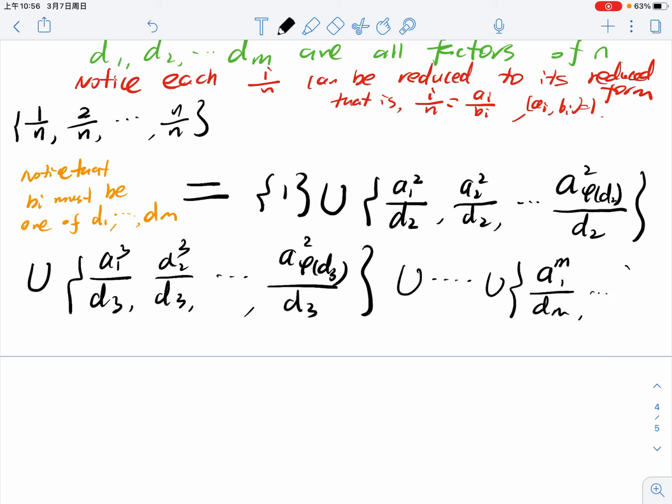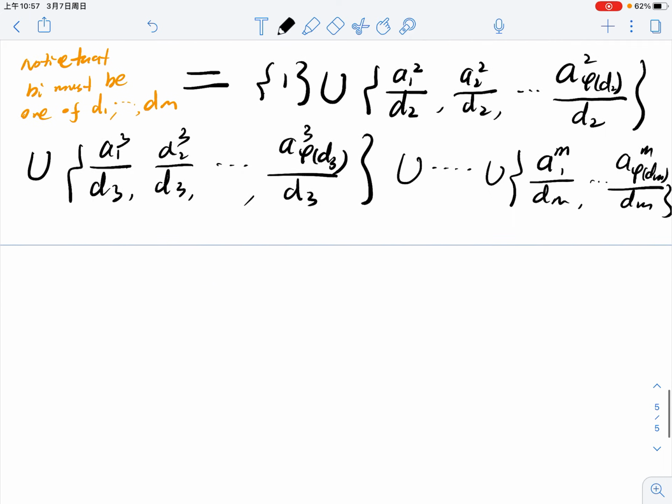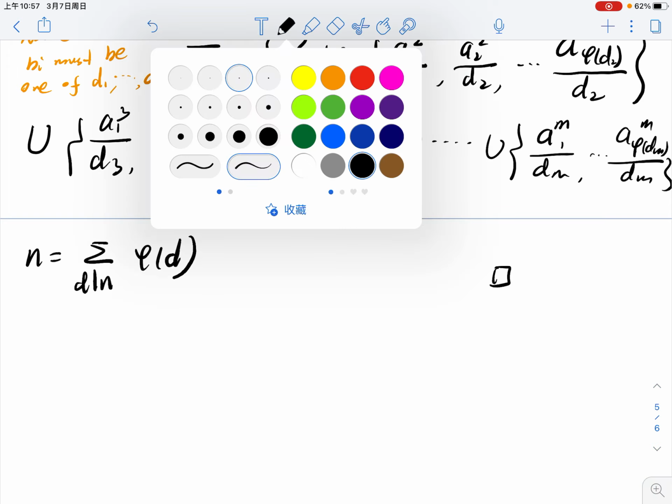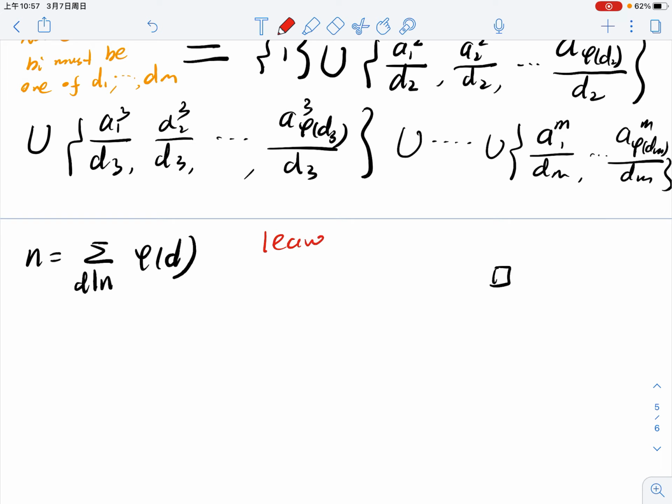So totally, you have phi dm fractions. And if this is a partition, then you directly conclude the formula. So I leave it to you to check this is a partition.